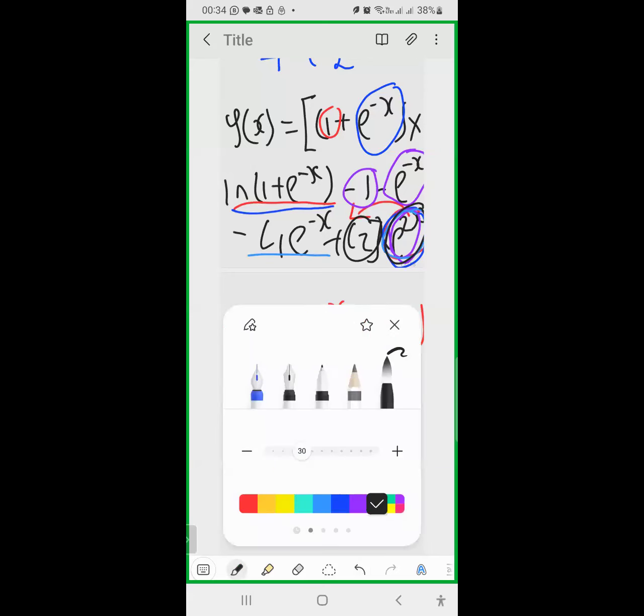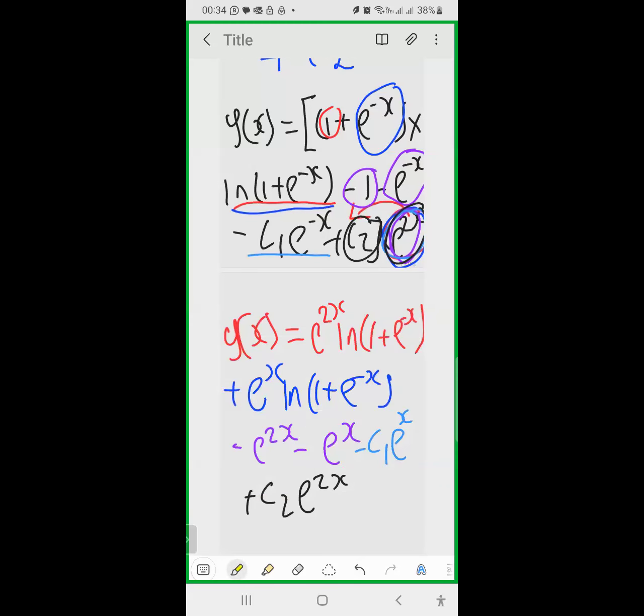You will notice that even when you use the method of variation of parameters, you're going to get the same solution as this solution that we got using the method of reduction of order.